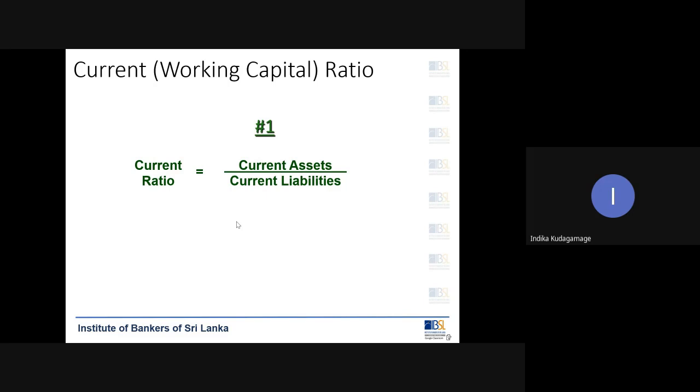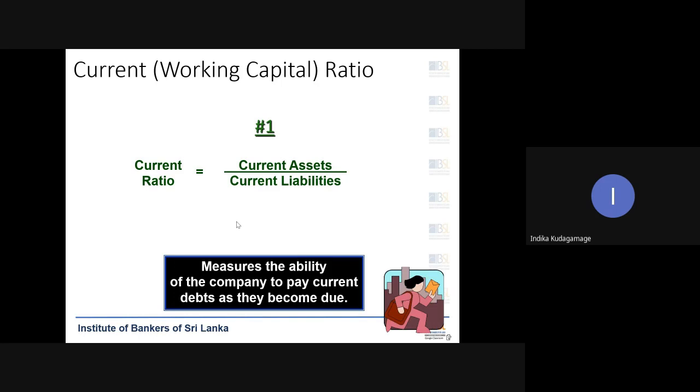So the coverage that short-term current liability holders have is calculated using the current ratio. So current assets divided by current liabilities is the current ratio, right? It measures the ability of the company to pay current debt as it becomes due.